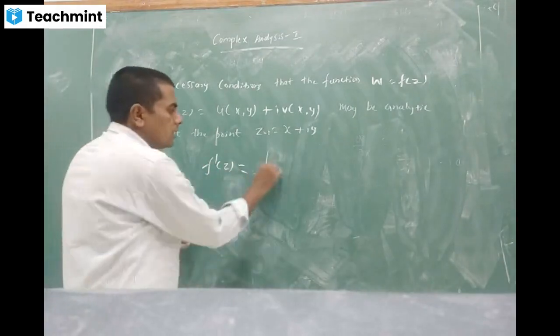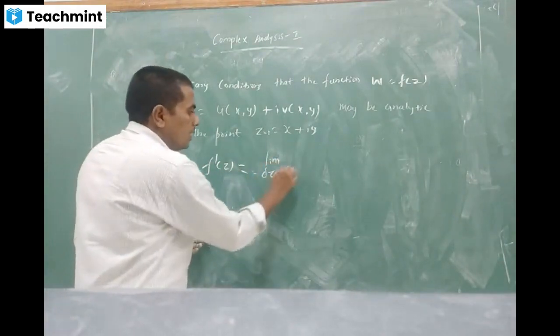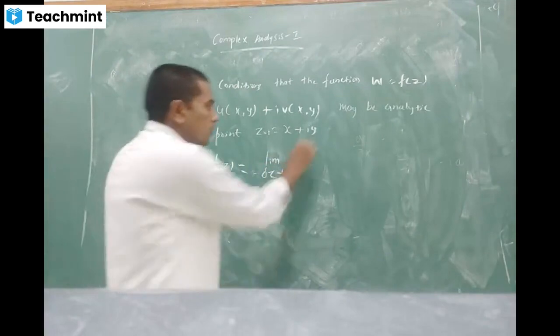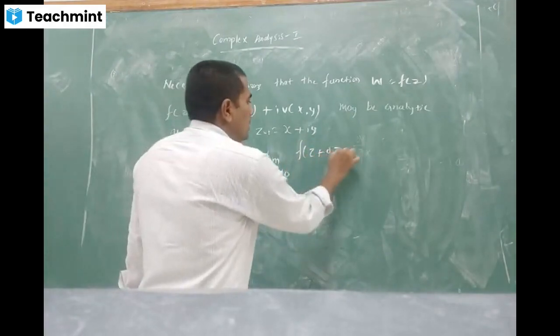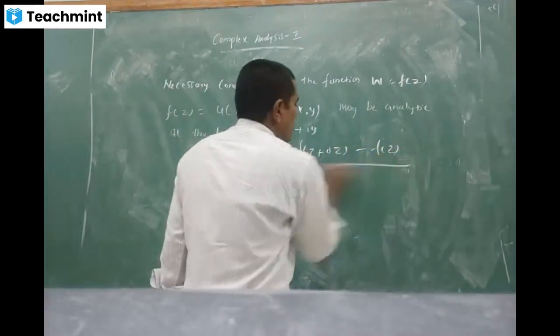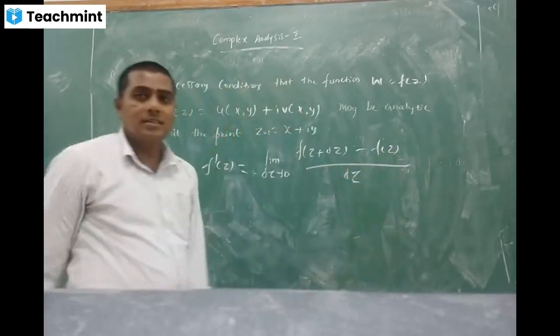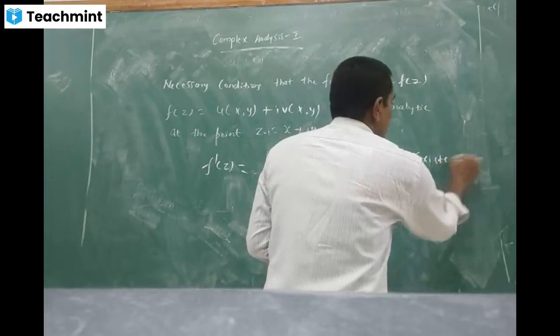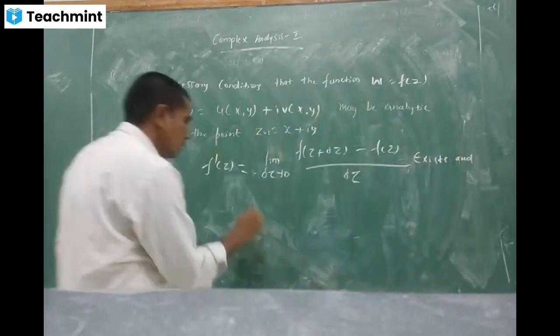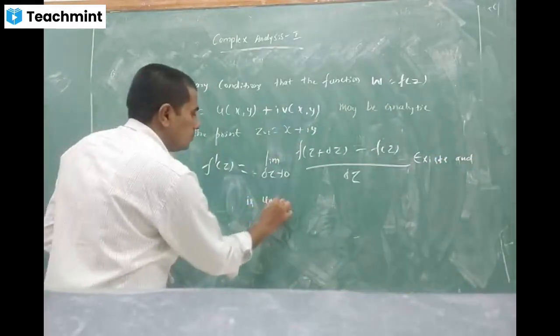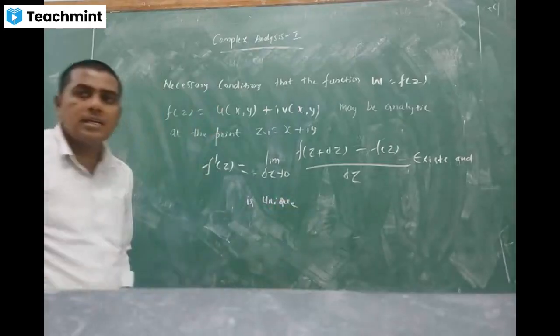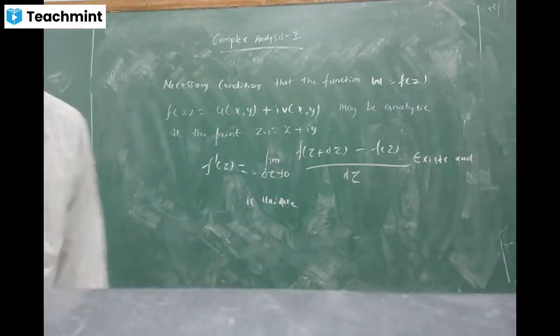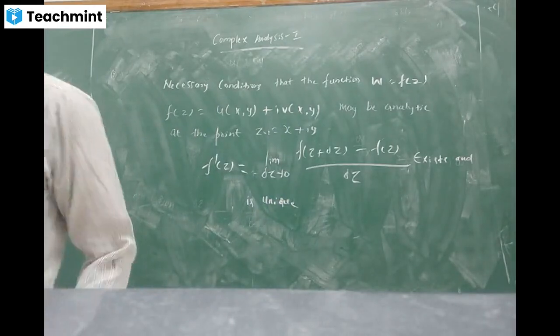So f dash of z is the limit as delta z tends to 0 of f of z plus delta z minus f of z, divided by delta z, exists and is unique. Is it clear? This is the definition of the differentiable function.